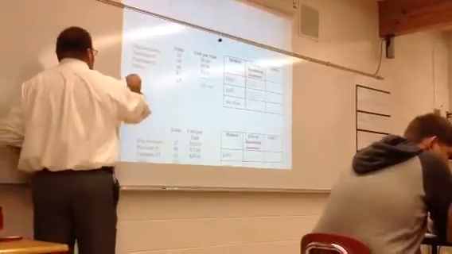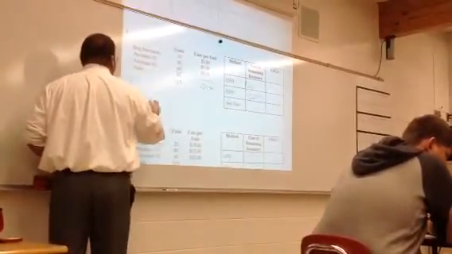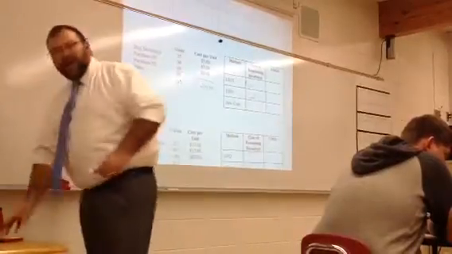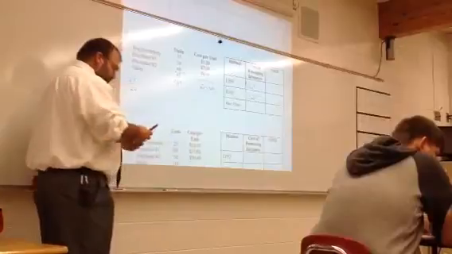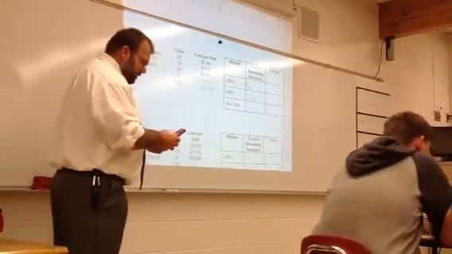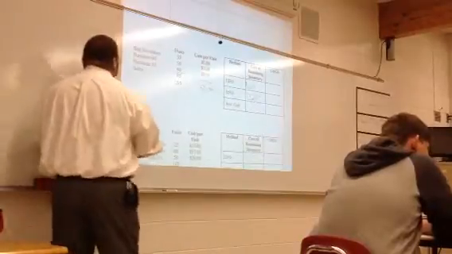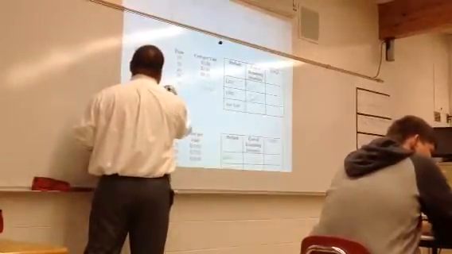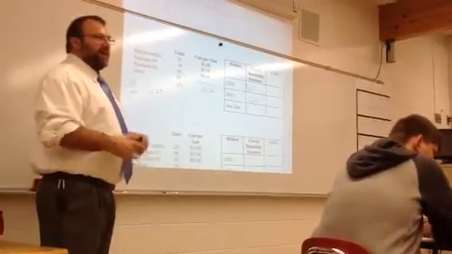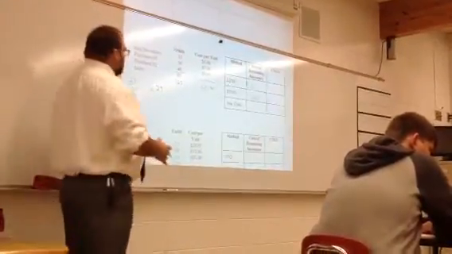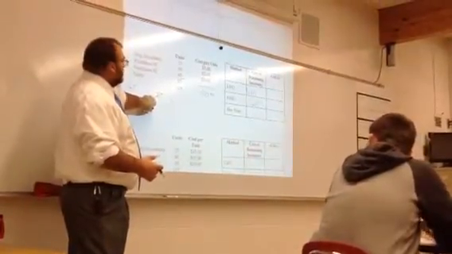Taking it and dividing that, 125 divided by 20 will give us our average cost: $6.25. So our weighted average cost per unit is $6.25.